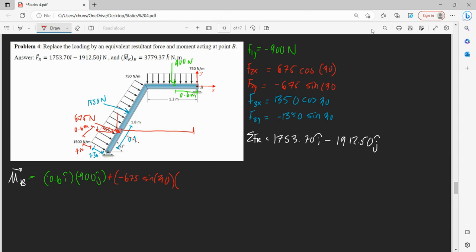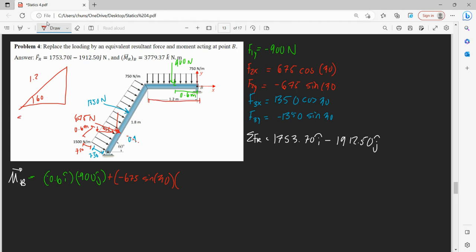okay, so if this was acting at 0.6, that means our length here, so if we drew a triangle here, so imagine we just drew the triangle, I just translated over here, so that's 1.8 minus 0.6, so that's 1.2 meters. Our angle is 60, so we want to find our horizontal distance for our vertical component and then add it to this horizontal distance here.